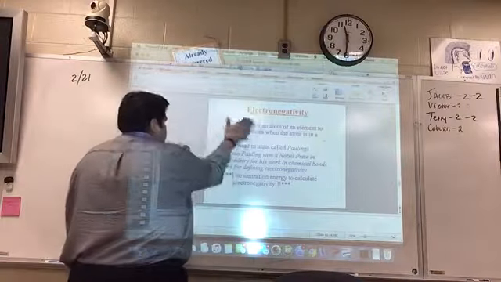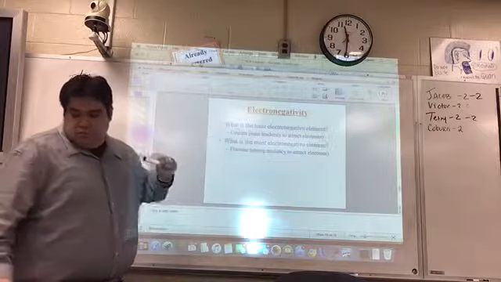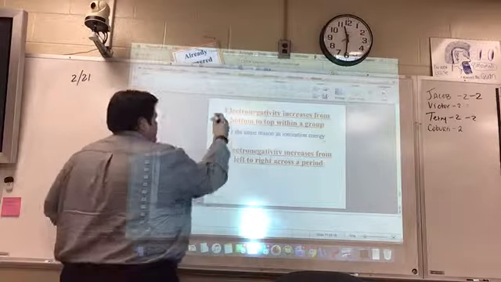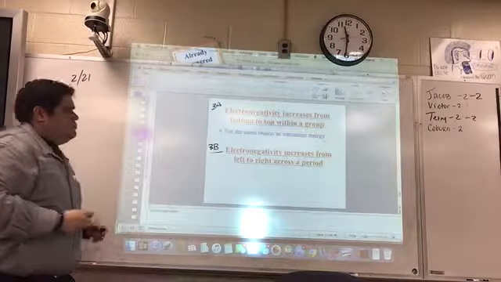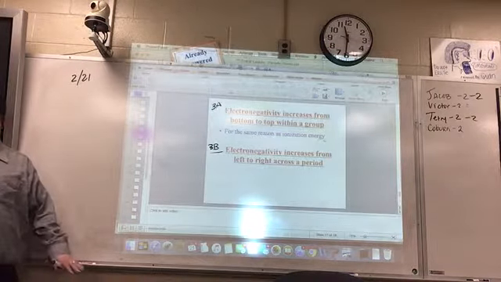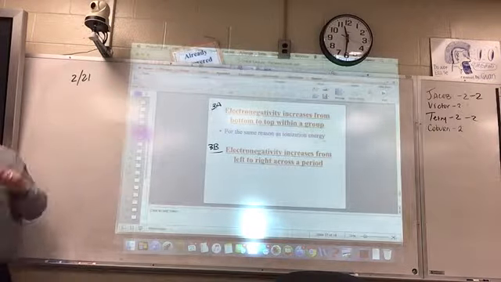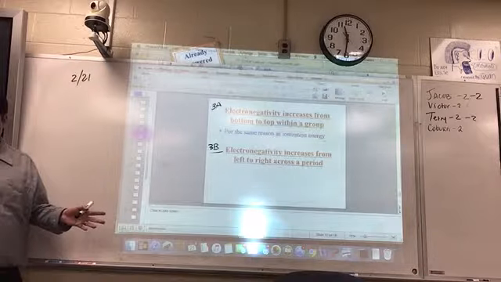So what we want to make sure now is this. What is the rule for electronegativity? All right? Well, here we go. All in one slide right here. Here is rule 3A. Here is rule 3B. So electronegativity increases from bottom to top, just like it did for ionization energy.